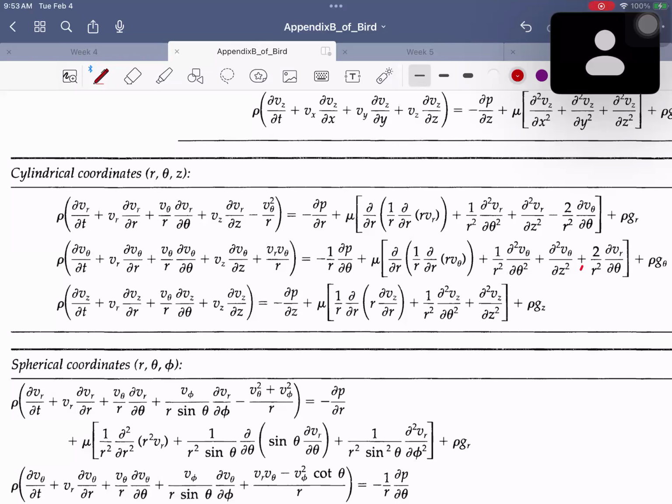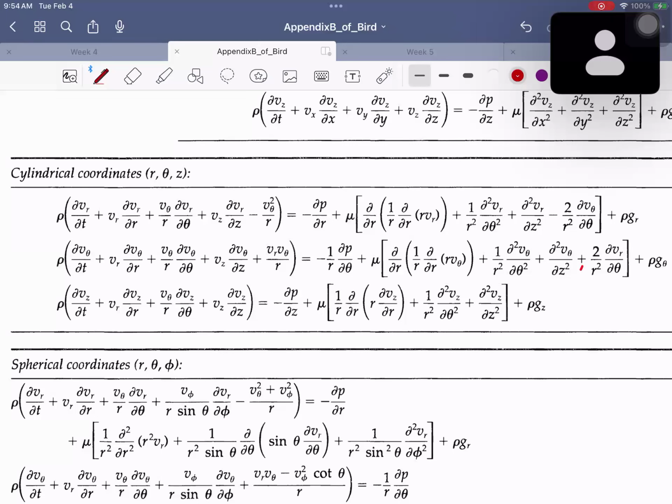G, no, not that. It's not small enough. There will be some cases where G can be neglected. I'll show you if we have time, but here you cannot neglect G. Good question.